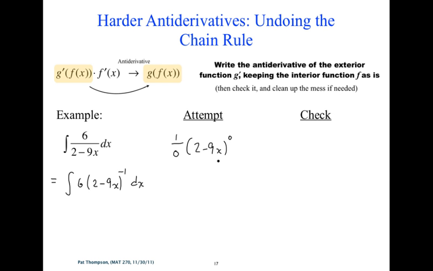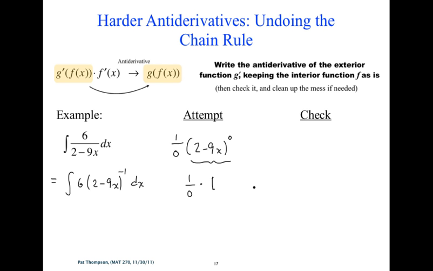But this is great, because all your red flags are going up that something's wrong. (2 minus 9x) to the 0 is simply what? Anything to the 0 is 1. So there goes our expression. 2 minus 9x is gone. That doesn't feel right. And then to add insult to injury, we're going to multiply by 1 over 0, which doesn't make sense. So it's red flags. Something's different here. Something's wrong.